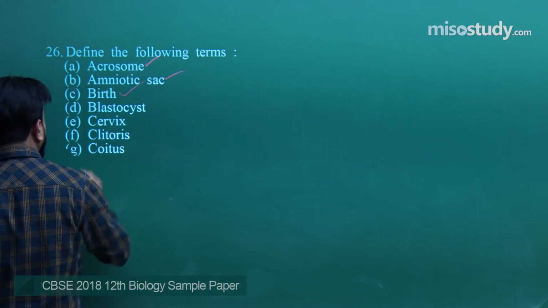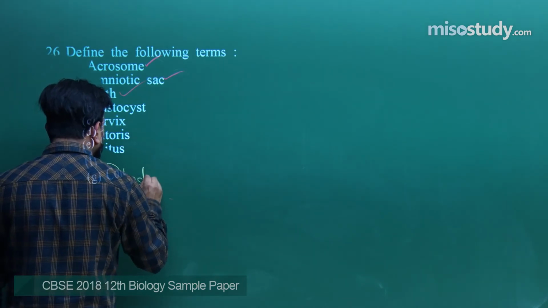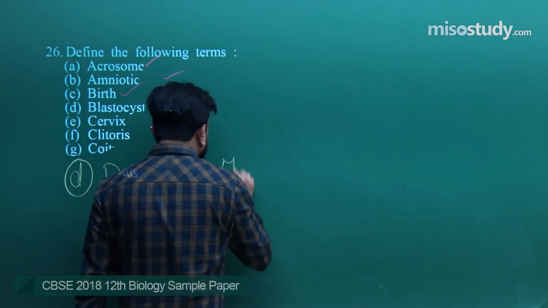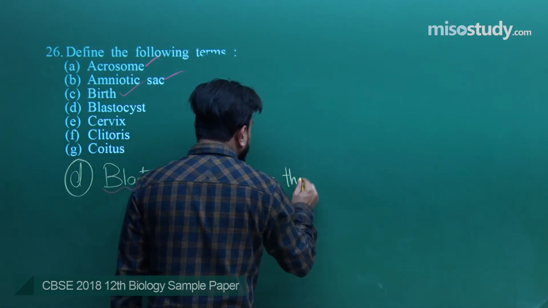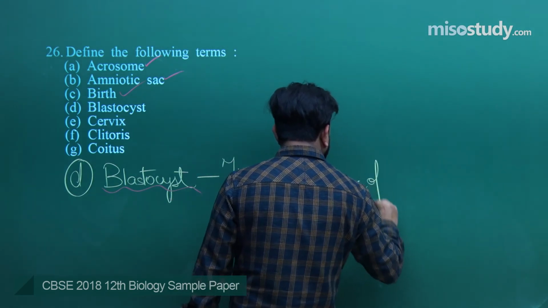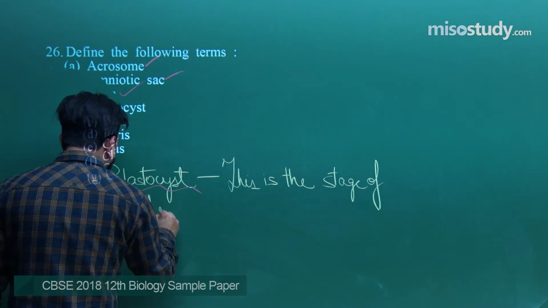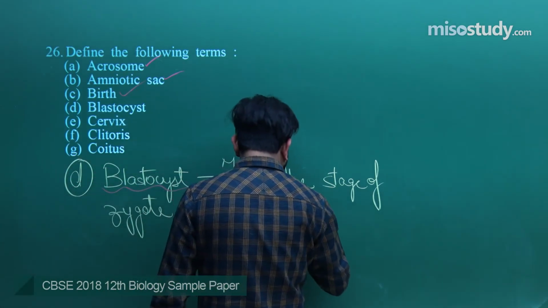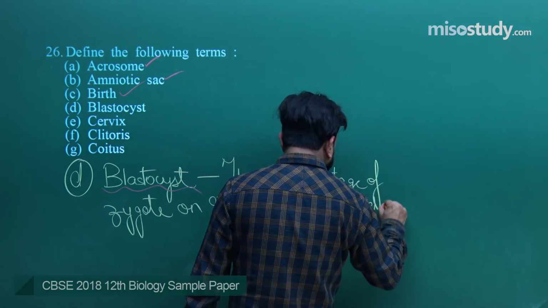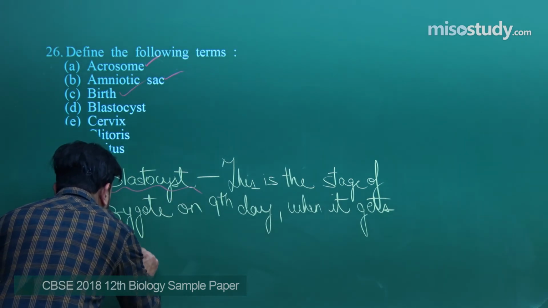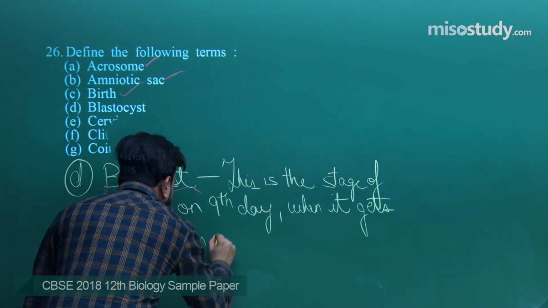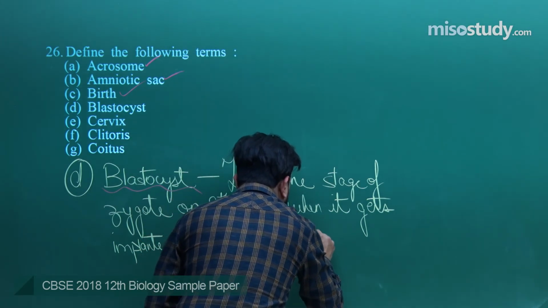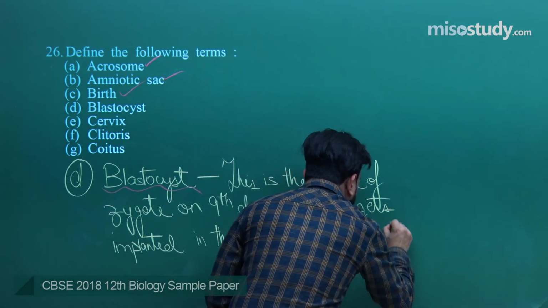So the blastocyst is a stage of zygote on the 9th day, when it gets implanted in the endometrium layer of the uterus.